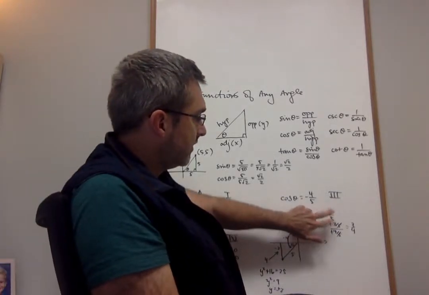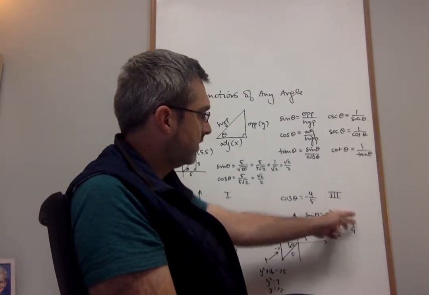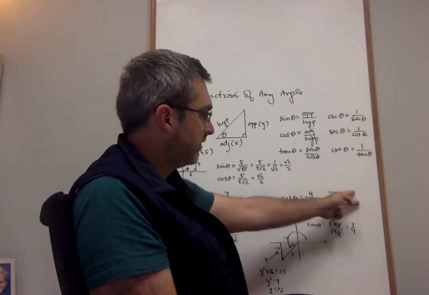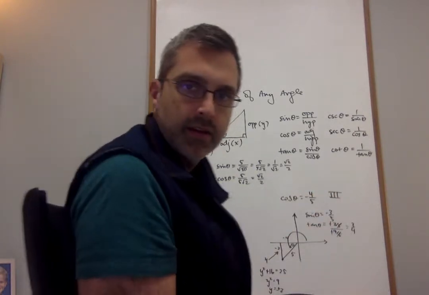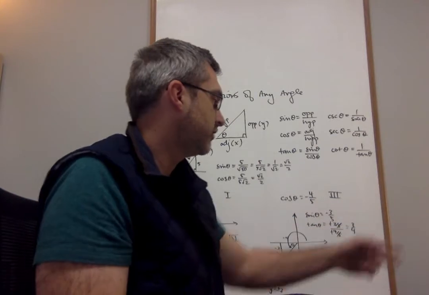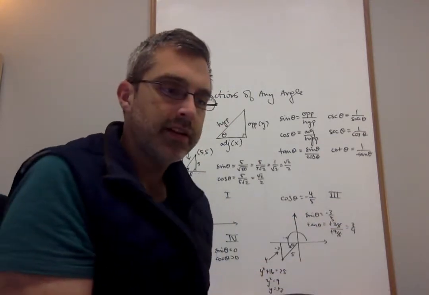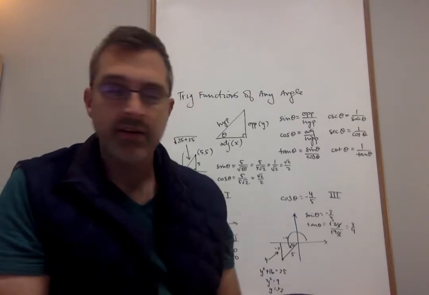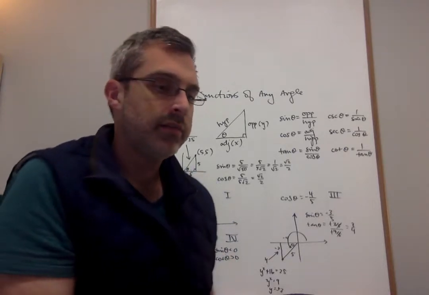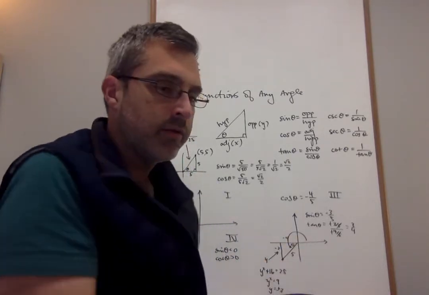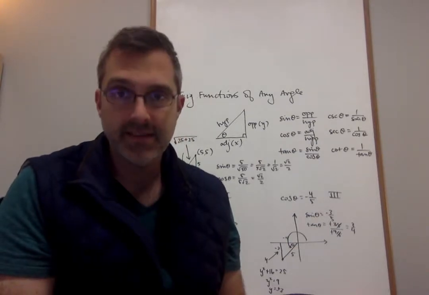Okay, cosecant is going to be the flipped version of sine. Secant's going to be the flipped version of cosine. And cotangent's going to be the flipped version of tangent. So your problems like number 27, 29, 31, those are going to be like this. Now 31, I noticed that it talks about secant.